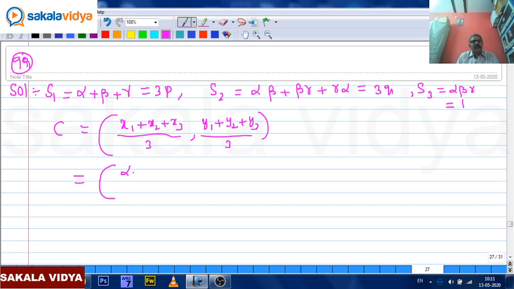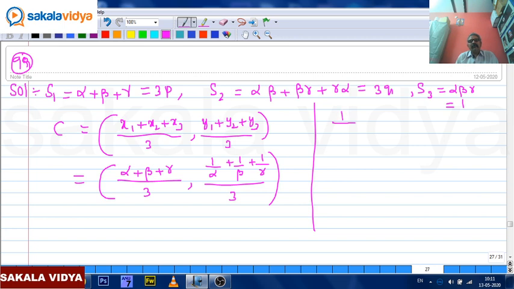So x coordinate is alpha plus beta plus gamma by 3, whereas y coordinate is 1 by alpha plus 1 by beta plus 1 by gamma by 3. First let us separately find 1 by alpha plus 1 by beta plus 1 by gamma. Here LCM is alpha beta gamma, and the numerator is beta gamma plus gamma alpha plus alpha beta. This is nothing but S2 by S3, that is 3q by 1, 3q.